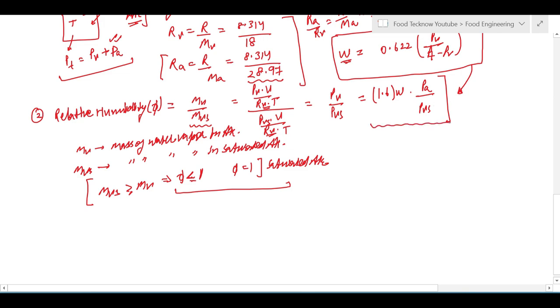You need not panic or worry about how I derived this. If you just take this formula into the relative humidity formula, you can very well derive it. Okay, so finally what we are getting here is that phi is equal to PV divided by PVS, equal to 1.6 into w into PA divided by PVS. Okay, so just remember this formula.